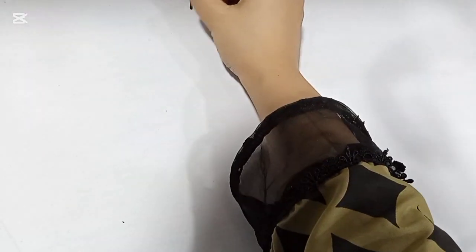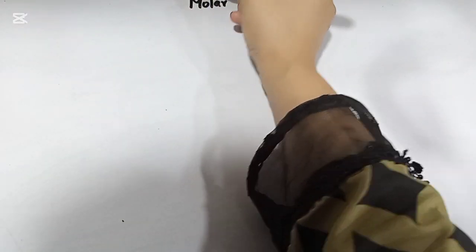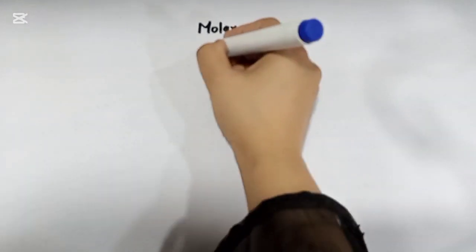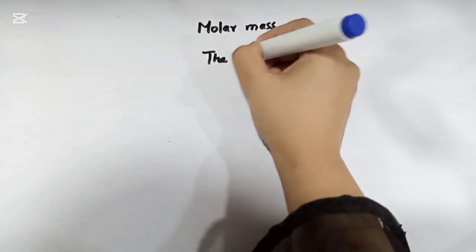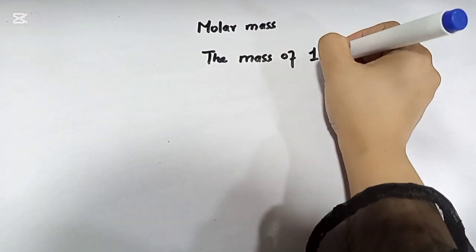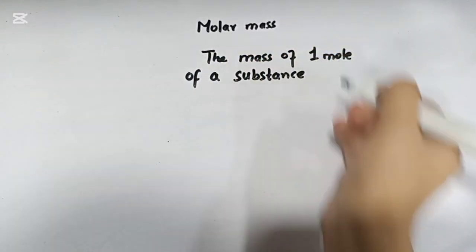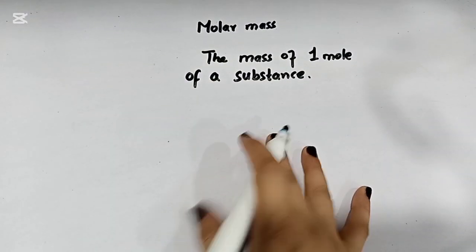So now let's move toward molar mass. What is molar mass? The mass of 1 mole of a substance is called molar mass.